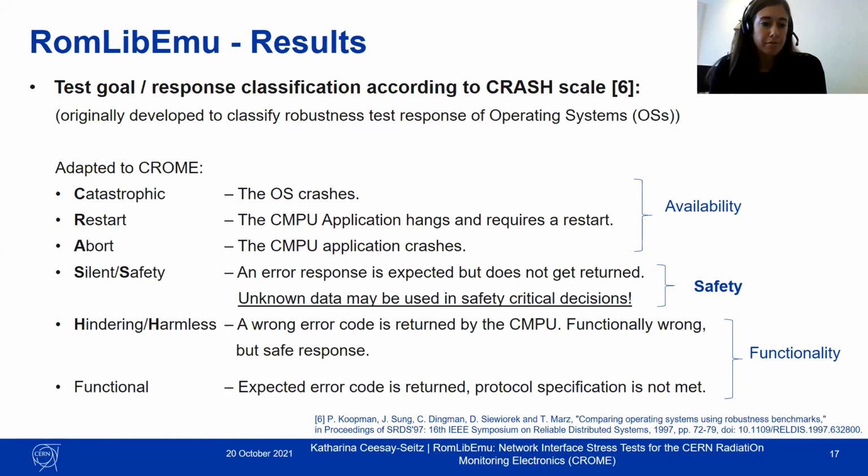This is definitely not safe. The last two categories, hindering, which we renamed as harmless, or functional, regard cases when a wrong error code is returned, or the expected error code but the protocol specification isn't met. So these are functionally wrong, but from a safety perspective, in our particular case, they are not critical.